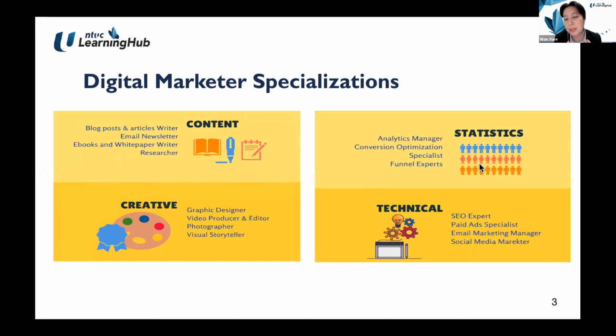So when you opt for digital marketing skills, you can become a content creator. You can also be a data specialist, or a creative director. Of course, when you have the advantage of graphic design skills as well, you become more powerful. And of course, you can be what we call an SEO expert.